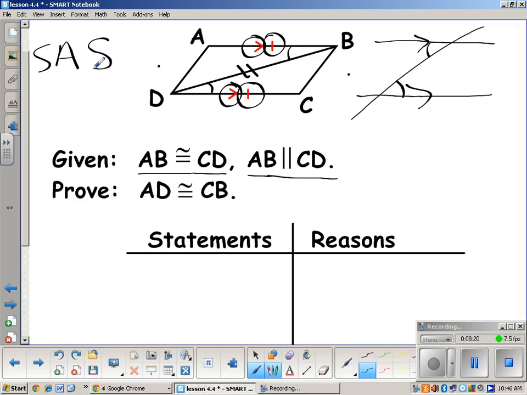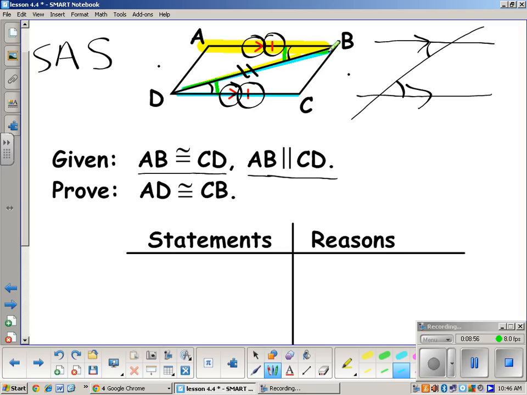My side here, and then my angle, and another side here, and on the other triangle, if I say a side and an angle and a side, now we can say that those two triangles are congruent.